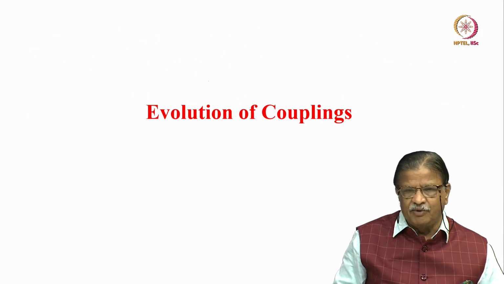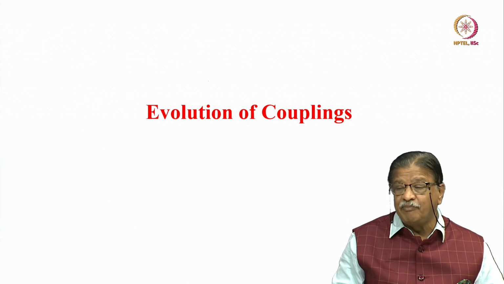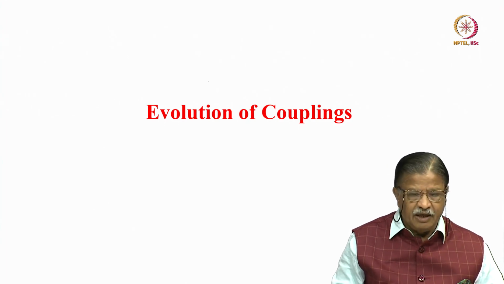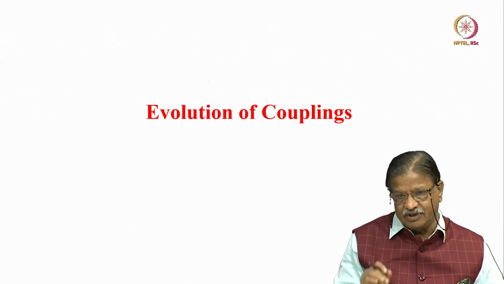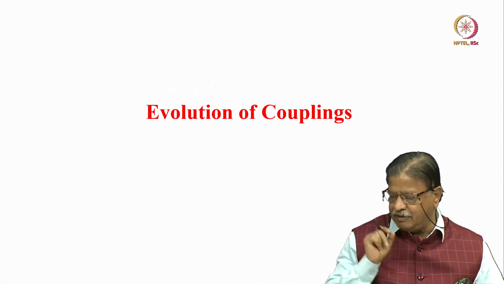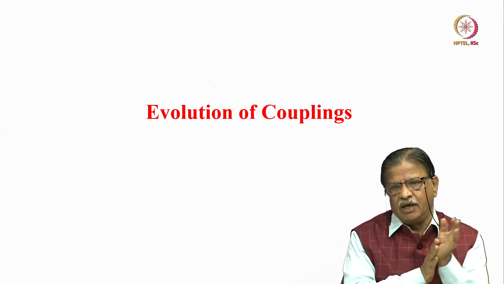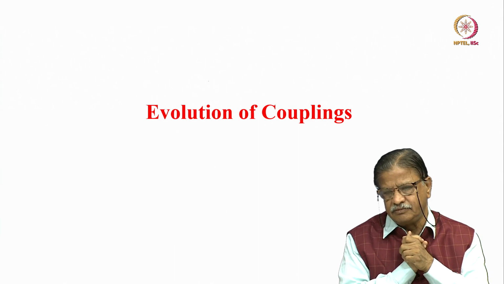Now, we will talk about evolution of the couplings. How do the couplings evolve? That also evolves, and we have to consider on resonance and off resonance conditions. So, I think my time is up. I will stop here. We will come back in the next class.